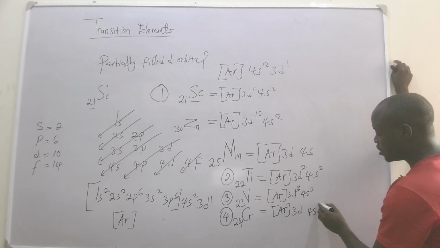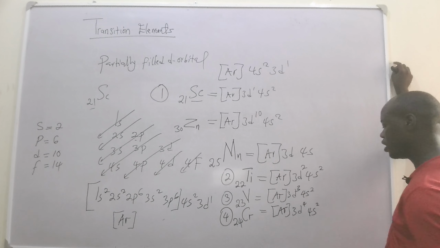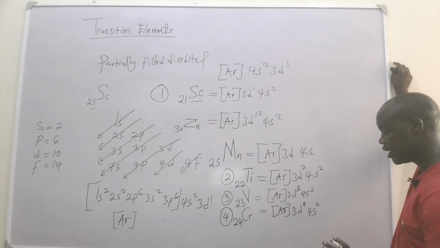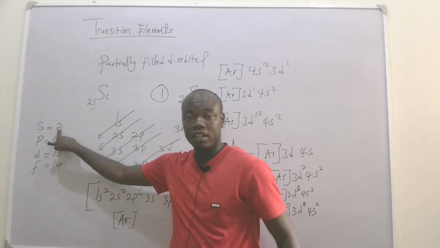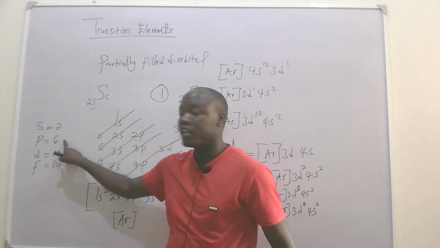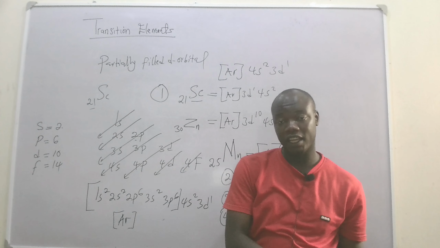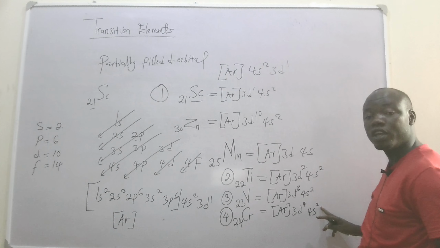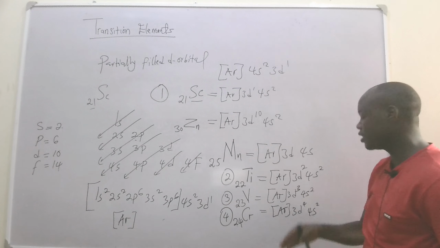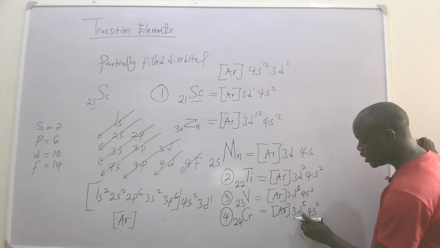So instead of writing 2 here and 4 here, what usually happens, because as I said, S accommodates a maximum of 2 electrons, P accommodates a maximum of 6 electrons, while D accommodates a maximum of 10 electrons. So instead of putting 4 here and 2 here, it is better to add 5 here, so that you have half of the 3d here and half of the s here.